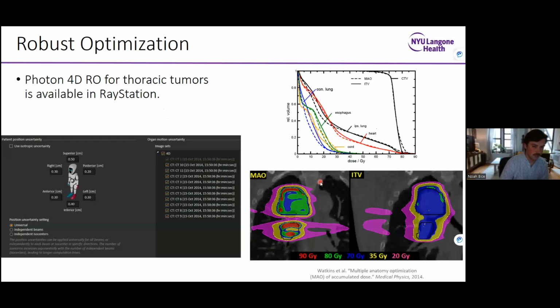There are other potentially interesting uses for robust optimization beyond just geometric errors. One of which being using, for example, a 4D CT to represent the probability of anatomy being in different positions. And there have been some interesting studies comparing plans that try to minimize the expected value of the objective function versus margin-based plans.